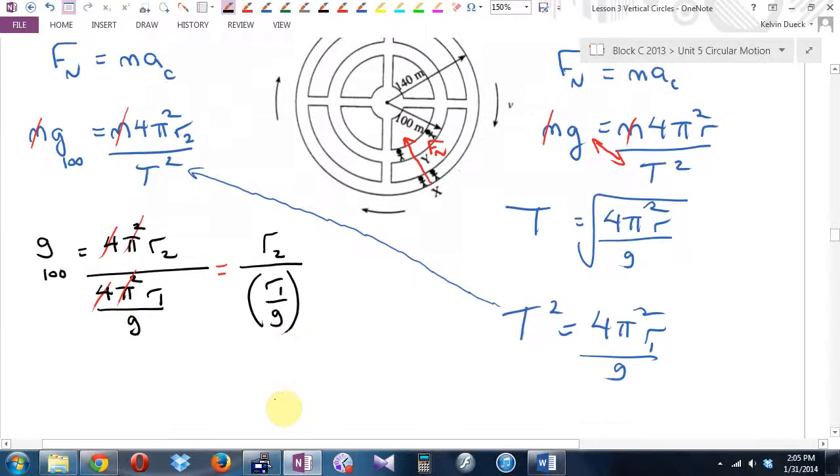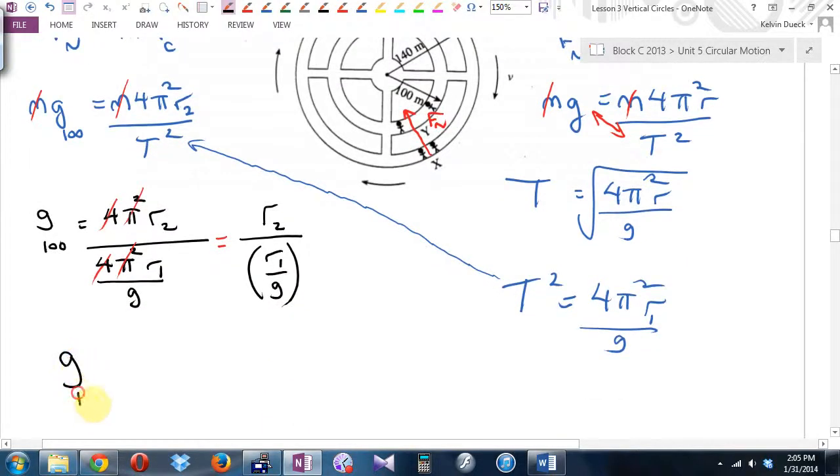So I think the g at 100 meters is going to be the second radius, 100, times g over the first radius. I kind of like that. I don't know if that's significant, but that ratio of radii has showed up before in other situations. It almost looks like a ratio.